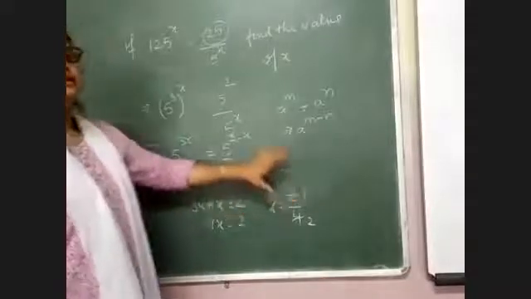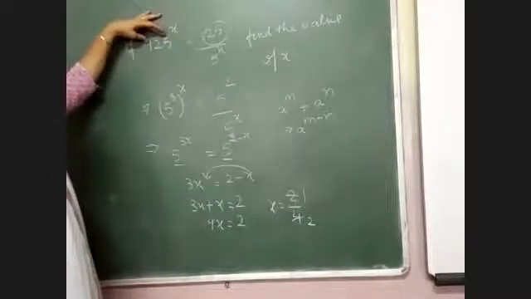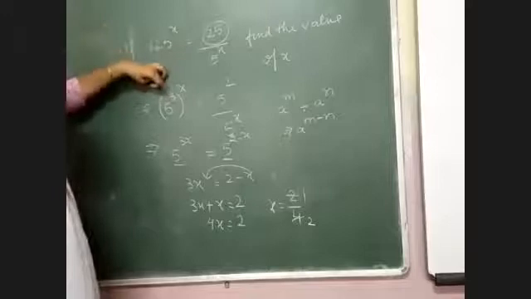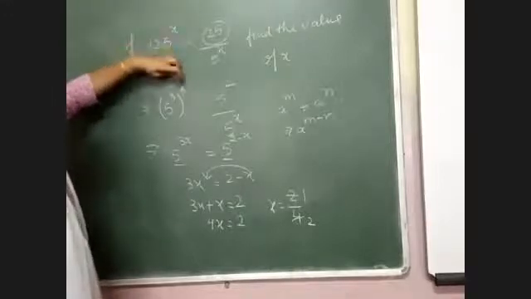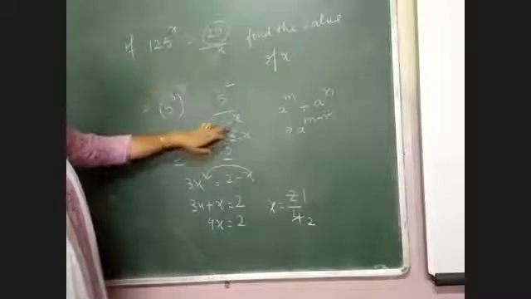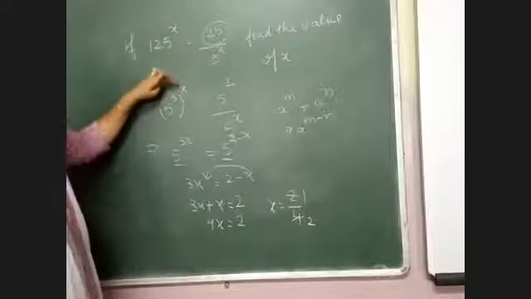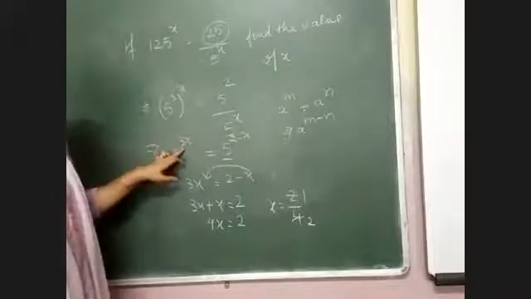How can you write it like this? I am repeating again. First take the prime factorization of 125. This is 5 raised to the power 3 and the power given is x. And 25 is 5 raised to the power 2, and the power given is 5 raised to the power x. Now 3 multiplied by x is 3x.